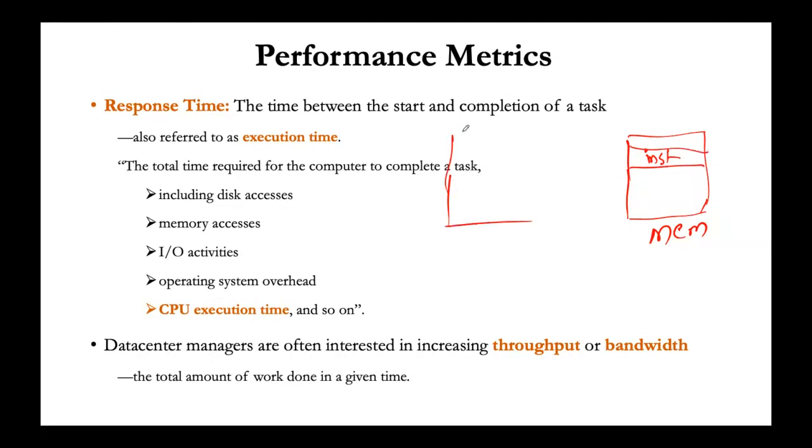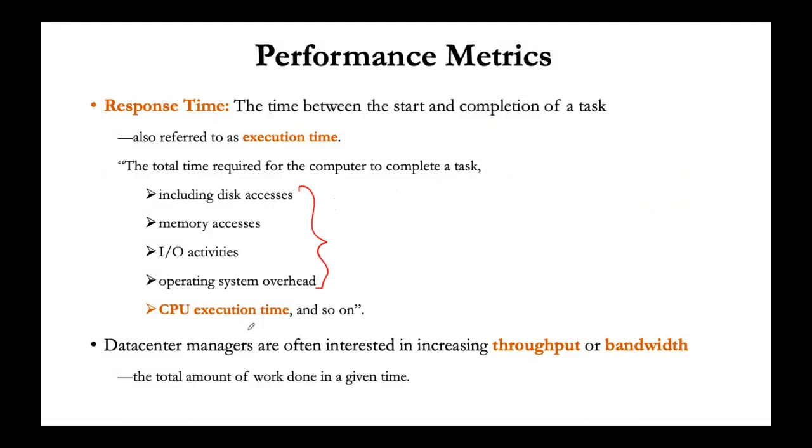When these instructions are to be executed by the CPU, the memory is first accessed to read the instruction and store it into the instruction register. So this execution time, covering reading, writing, and executing, includes all of these. But we are interested only in the CPU execution time.